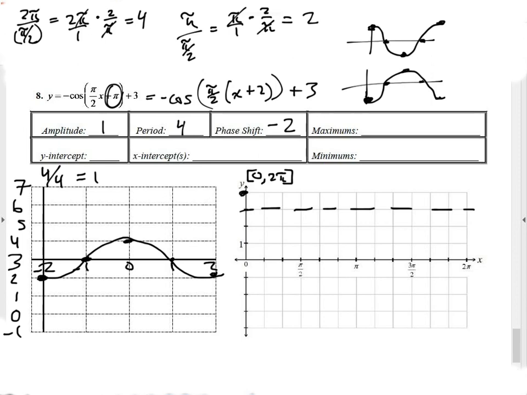Oh, snap. Our scale right here doesn't count by integers. It counts by pi over 6. I don't want to count by pi over 6. Did you guys figure that out? Like this is pi over 6, this is 2 pi over 6, this is 3 pi over 6. And what does 3 pi over 6 simplify to? Yep. So it's counting by pi over 6s, and that's not what I want. I want to count by 1s.